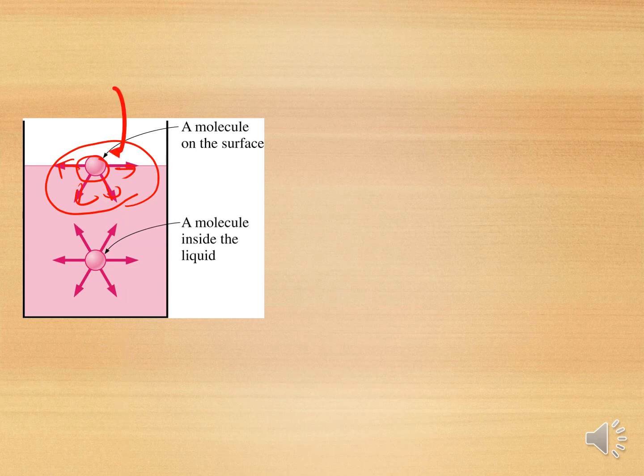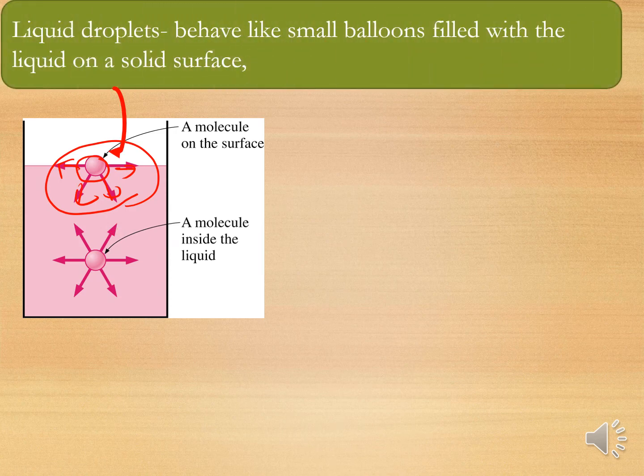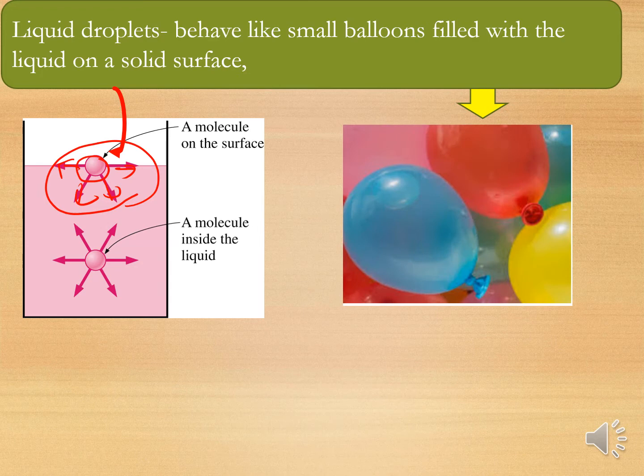And actually the liquid drop behaves like a small balloon which is filled up with liquid and left on the solid surface. If we look closely at this image, it will look exactly like this. Why?